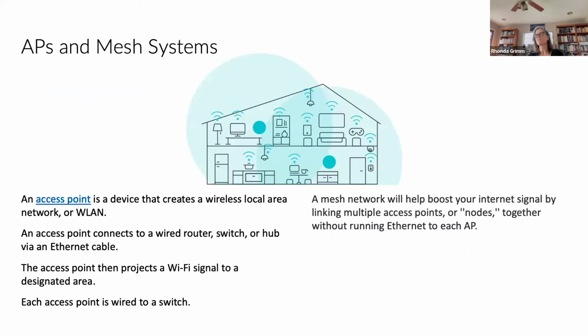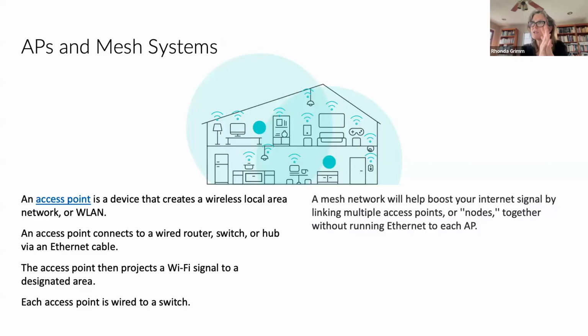Like I said, Wi-Fi 7 can rival some of the speed and capacity you get on wired routers and wired protocols. So you've heard of access points, APs, and then you've heard of mesh systems. They differ a little bit. Access points you can place around the house, and they create a wireless local area network. An access point is typically wired to the switch, and it then projects a Wi-Fi signal to a specific area.